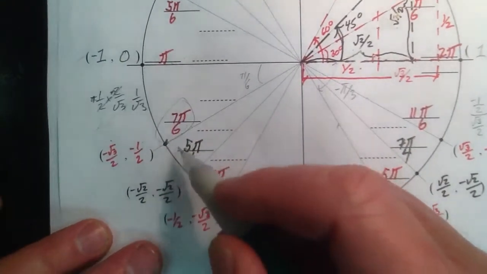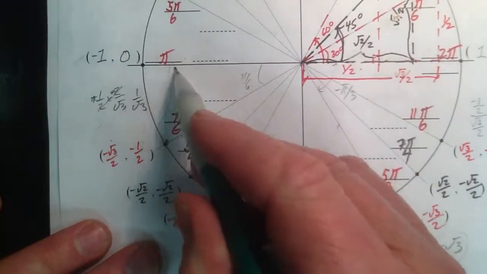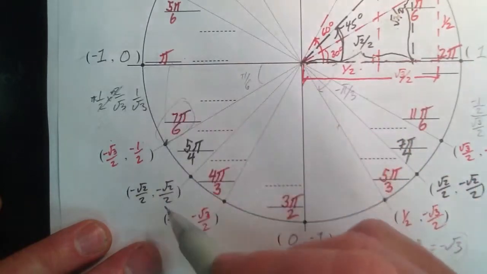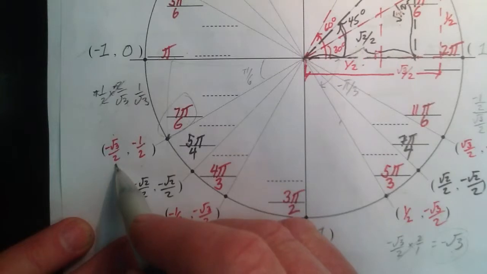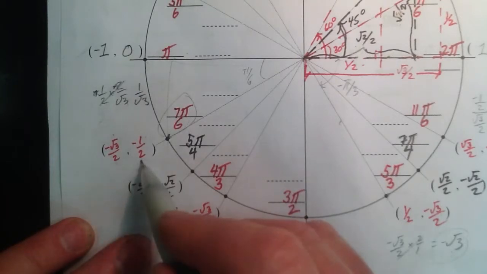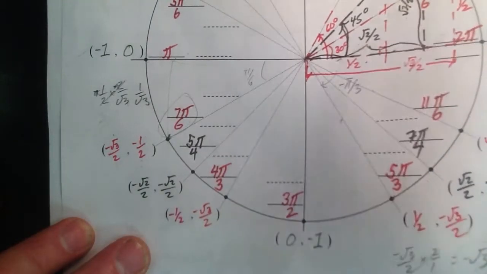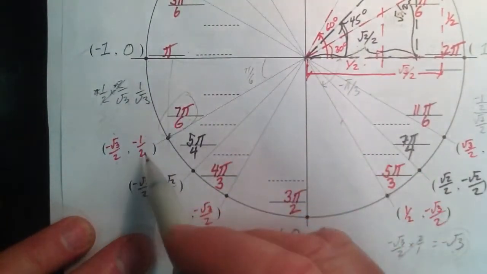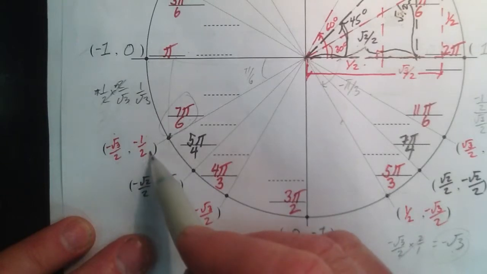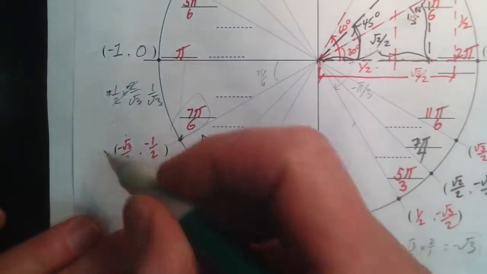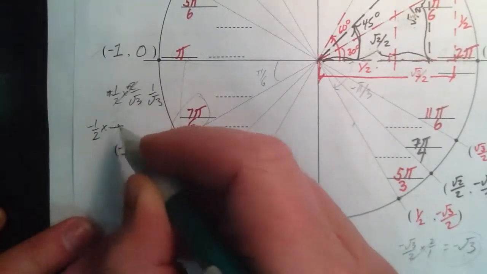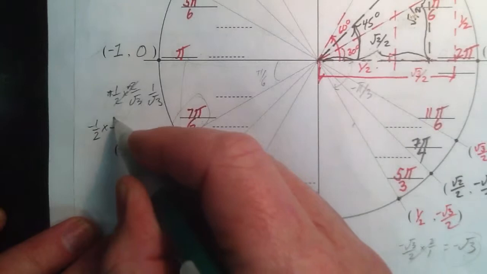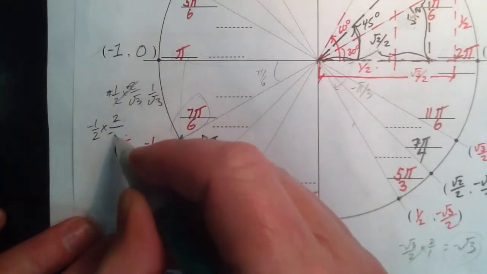What's the coordinate of that point? Well, it's the side adjacent and the side opposite of this 30-60-90 triangle, which is side adjacent negative square root 3 over 2, side opposite negative a half. What is it that we want to do? We want to take the tangent of this angle. So it is going to be opposite divided by adjacent, which is the same thing as multiplying by the reciprocal.